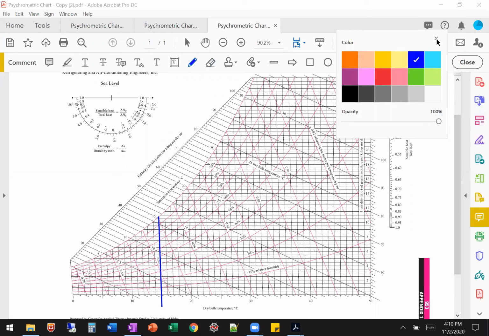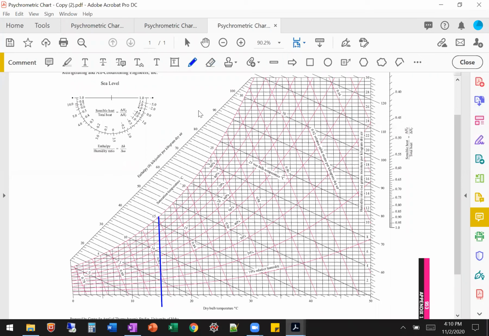And then we had 60% relative humidity, right? So here's the 60% line. So right there. Okay, so there's our state 1.